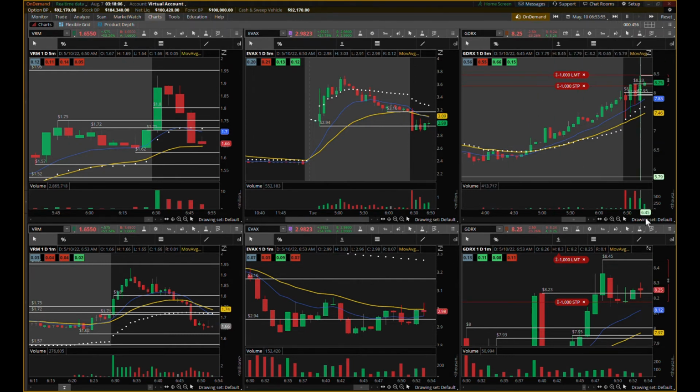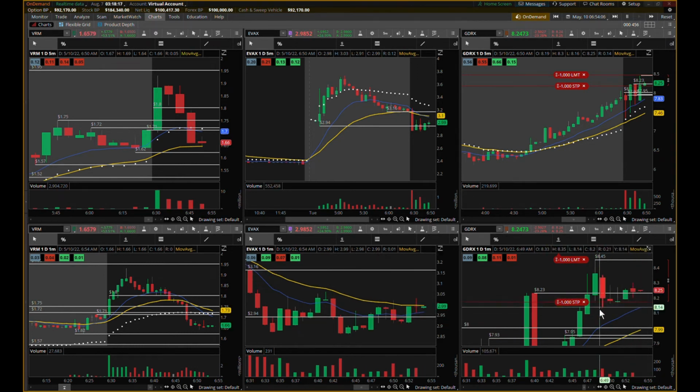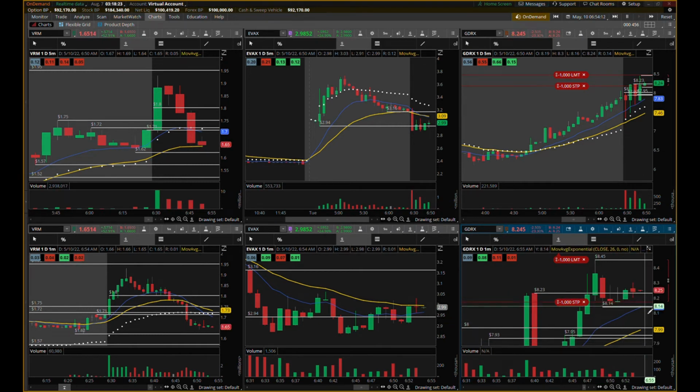$6.53, 54 seconds. So that candle, it's going to close red, possibly. Volume declining on the bull volume, but that was an inside bar. The question here, does this pull back to support? What do you think?